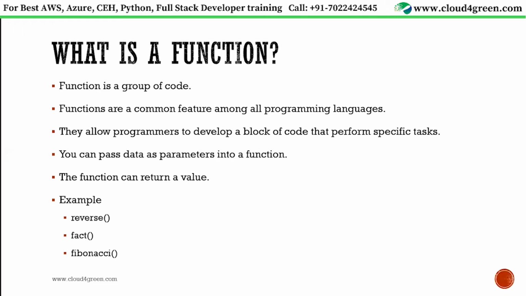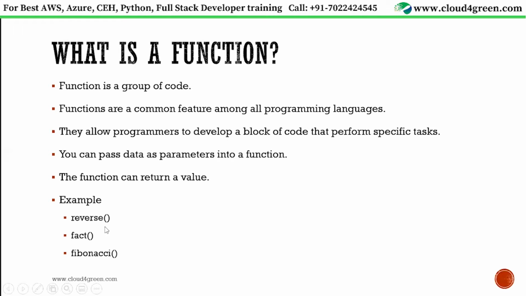Whenever you learn any programming language, remember that the efficiency of the language to a large extent depends on the whole lot of built-in functions available in it. In Python also, you have a lot of built-in functions. We will come to it a bit later, but I have given examples of some functions here.